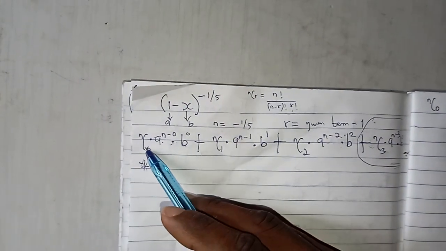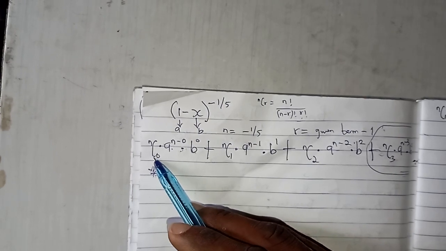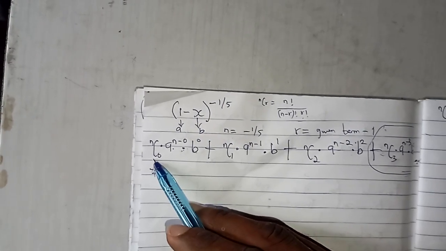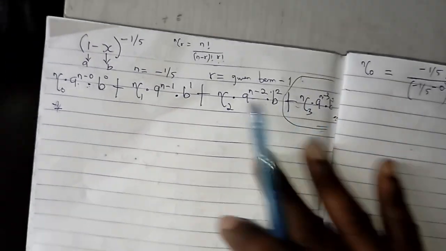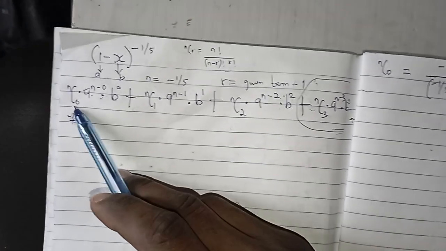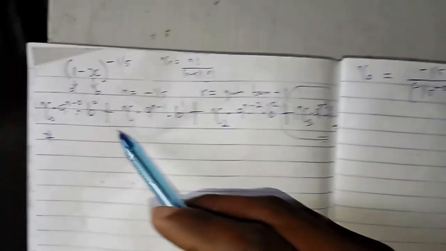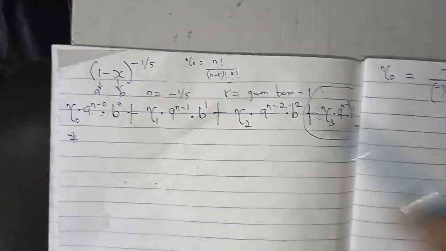That's what I'm trying to get. Get that? So even if I want, I won't be solving for n combination 0. I'll just take it as 1.